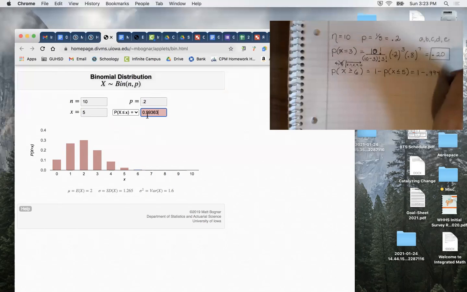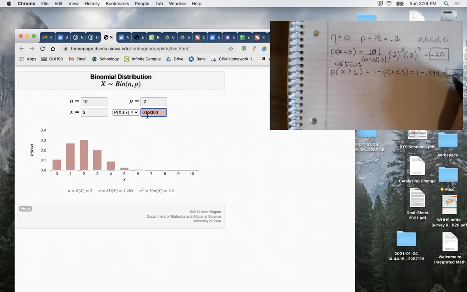What we get when you do that, that's 99.4%. 100% minus 99.4%, you get 0.6%. Actually, I shouldn't do it that way, because it would actually be 0.006. I was trying to kind of take it to percents at the same time. 0.006.